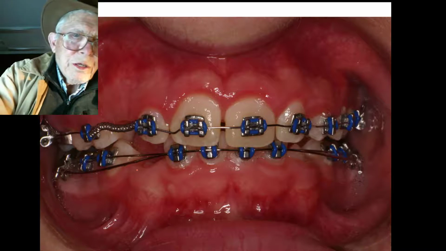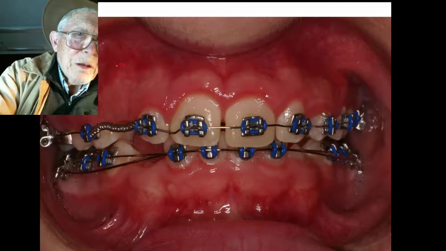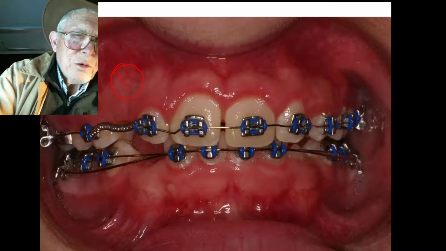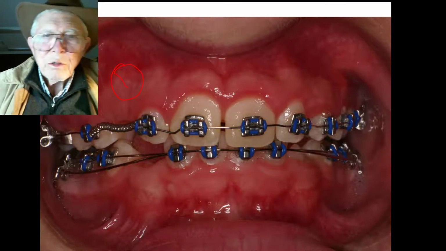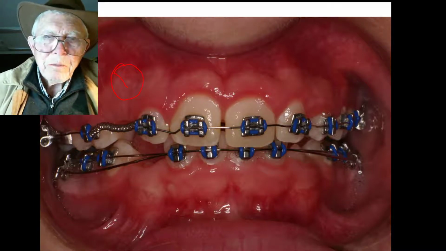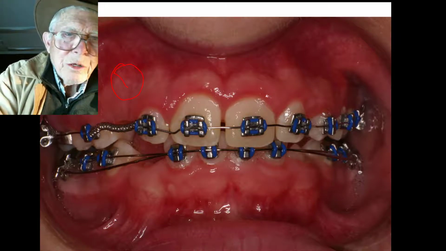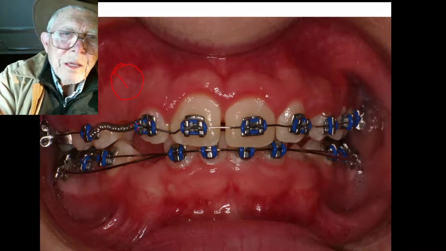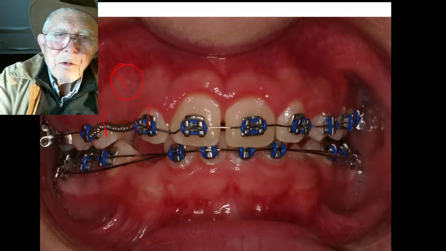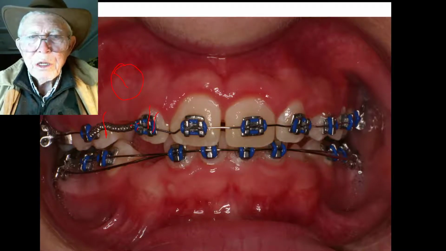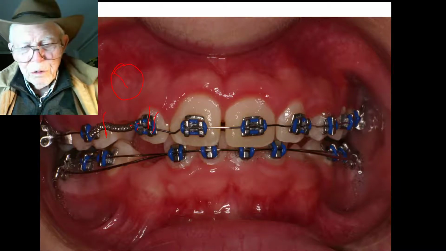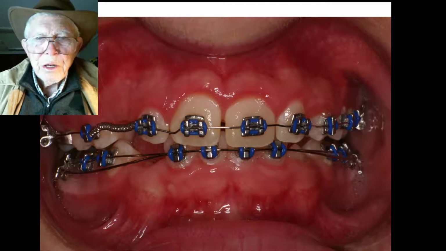Now this upper cuspid is back into place up here, and it's coming over here toward this lateral, and we'll see that on the x-ray. And so we're trying to expand this space between the bicuspid and the lateral right here to get that cuspid into position.